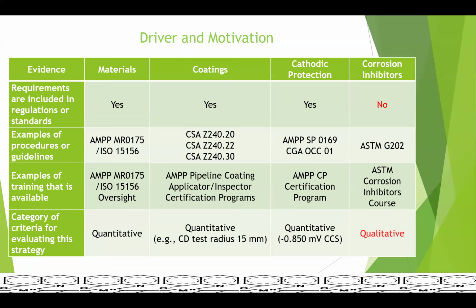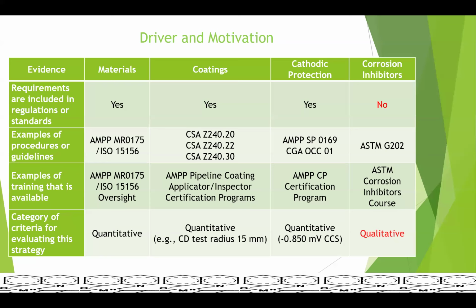If it is exceeding 15 millimeters, the coating is disqualified. Very, very quantitative criteria. And for cathodic protection around the world, we follow AMPP or NACE SP0169, and that gives a very, very quantitative criterion of 850 millivolts versus copper sulfate.